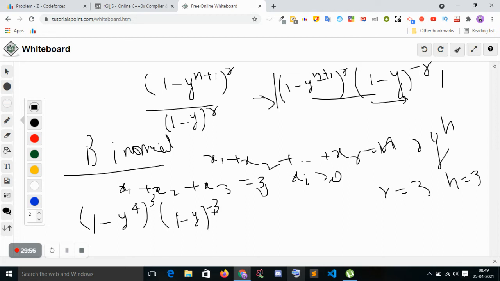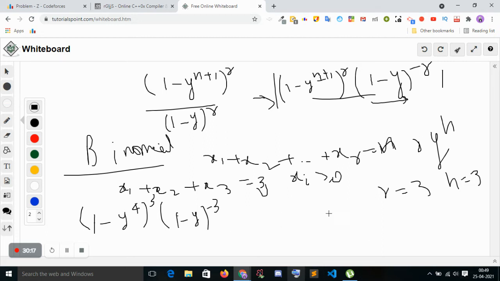So does anyone know how to expand this limit? You can use the binomial theorem to solve this question. So first, what should you do?